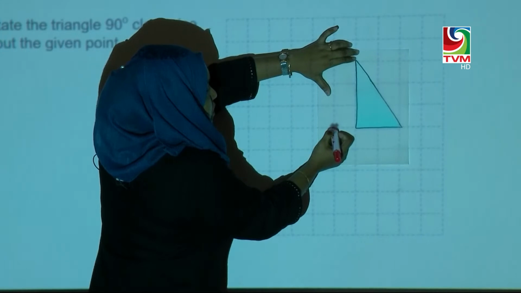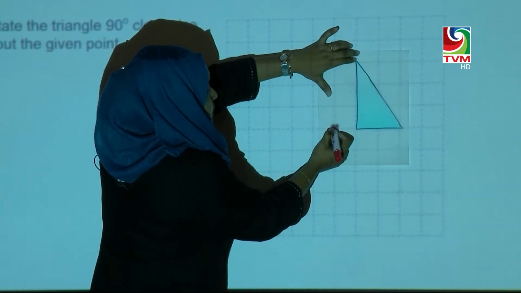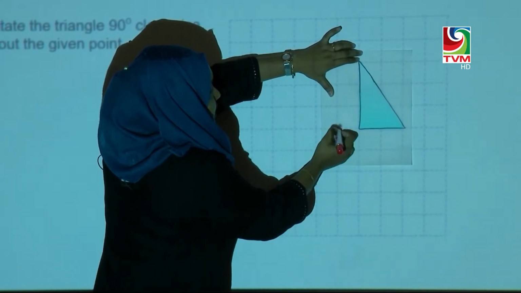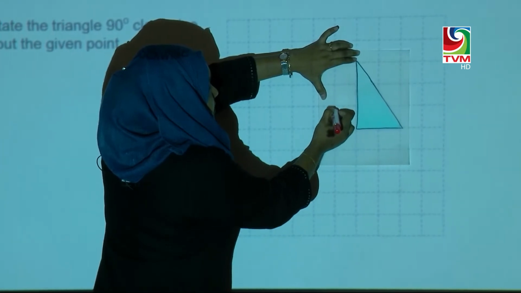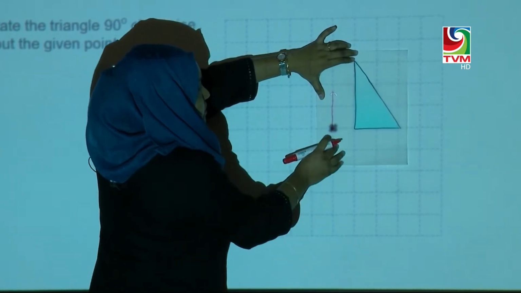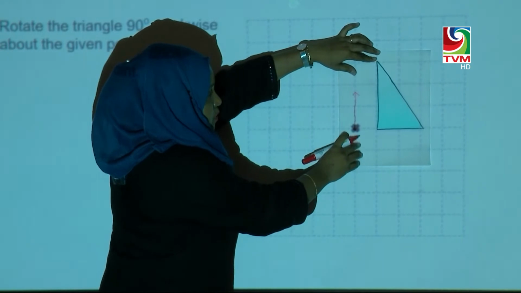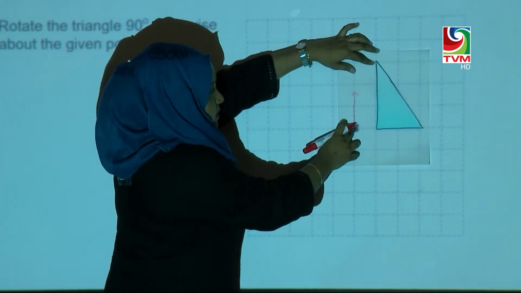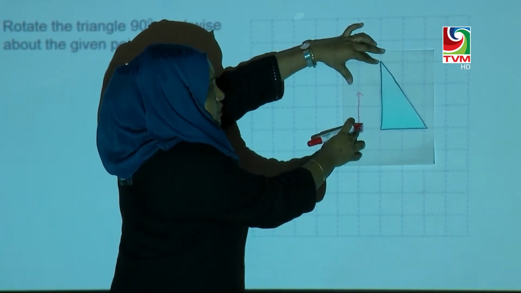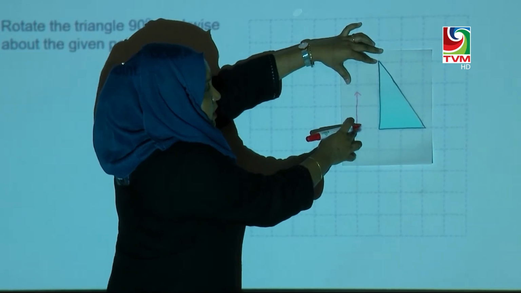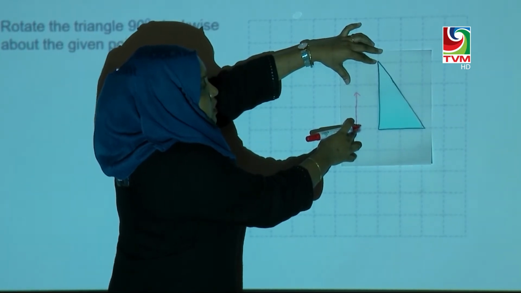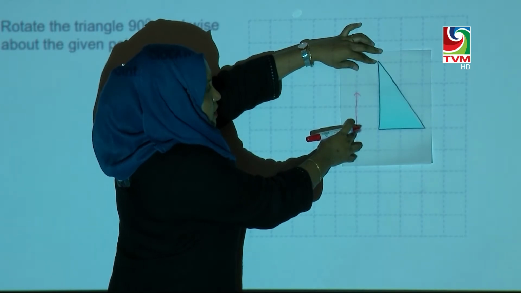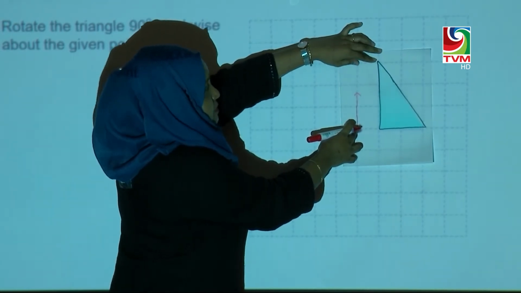Now I am going to mark the center of rotation and draw a vertical arrow here. You might wonder why I am drawing an arrow here. It is very important to draw this arrow because it will show you how many degrees you are turning your tracing paper.